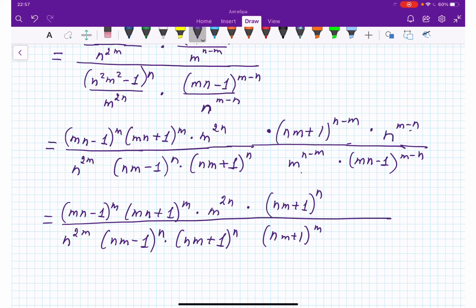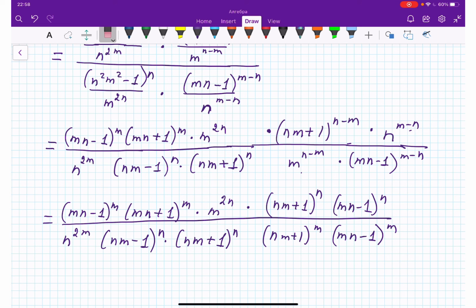Now, same thing I'm doing in the denominator, (mn − 1)^m. And when I divide, because it's a fraction, this denominator is going to go up. Therefore, I'll just write down (mn − 1)^n here and clean it from here.